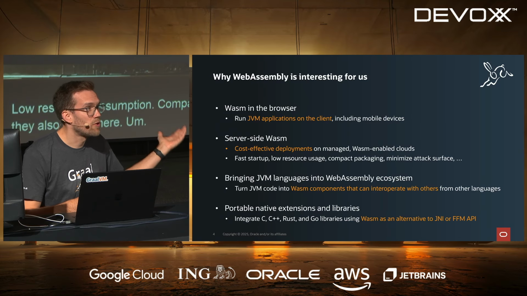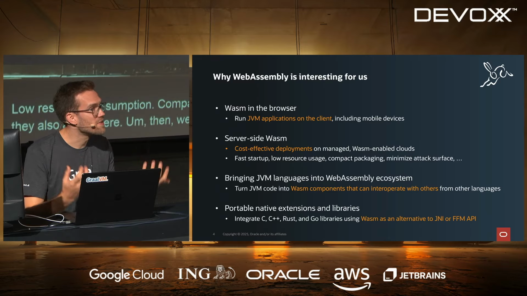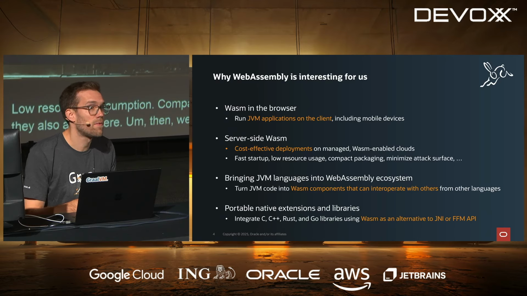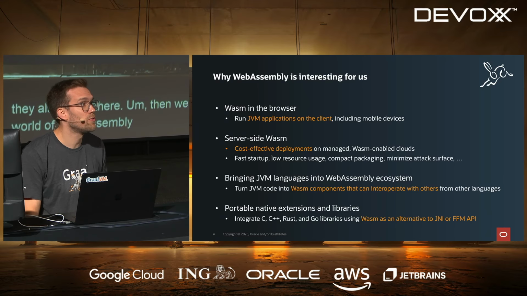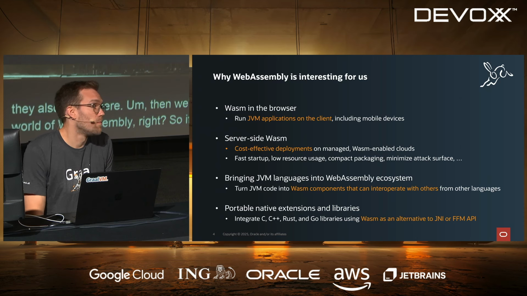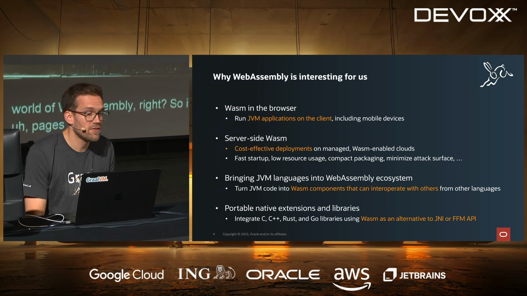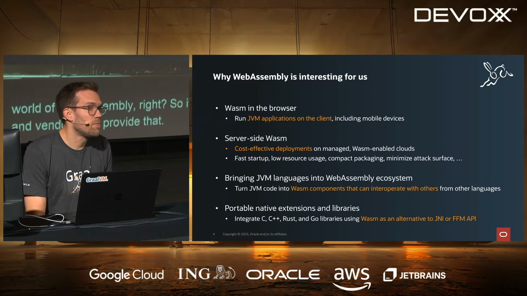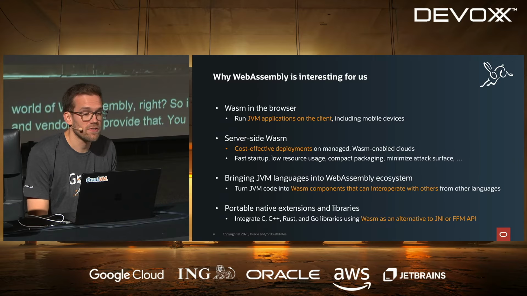Then we're bringing the JVM languages into the world of WebAssembly, right? So if you go to WebAssembly pages and vendors that provide that, you typically are missing Java, right? And other JVM languages.